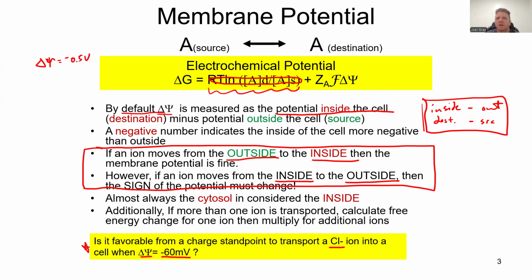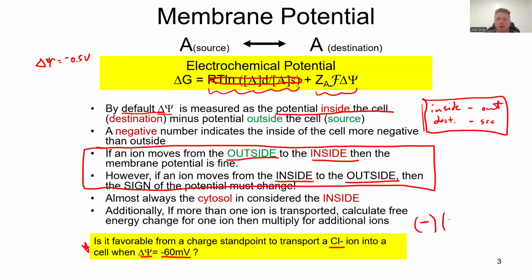Instead, what it is asking is basically when we bring all of our values here, do we get a delta G that is negative or positive? And so let's go ahead and sort this out. What we have is a Z sub A that is negative because chloride is a negative ion. We have Faraday's constant. For all intents and purposes, we could just put that as 1 because we don't really care about quantifying this.